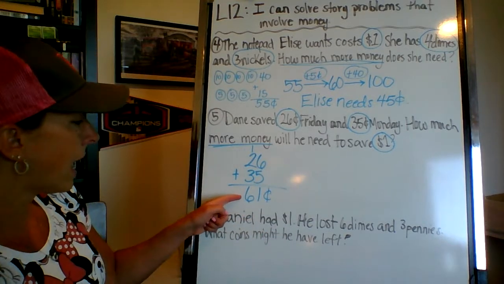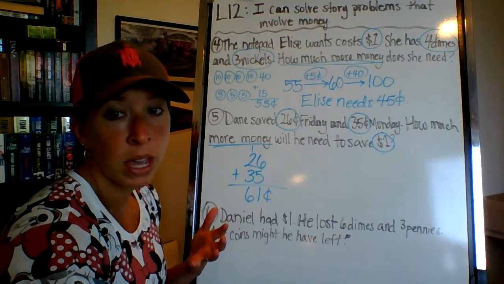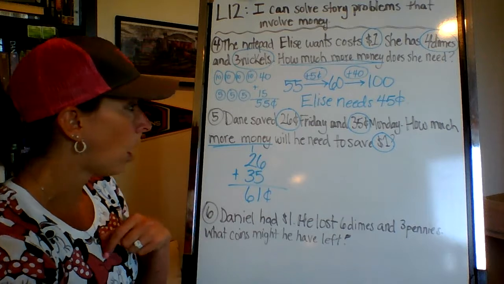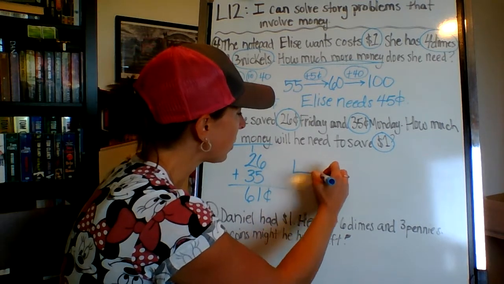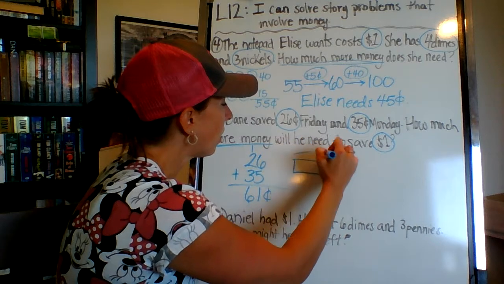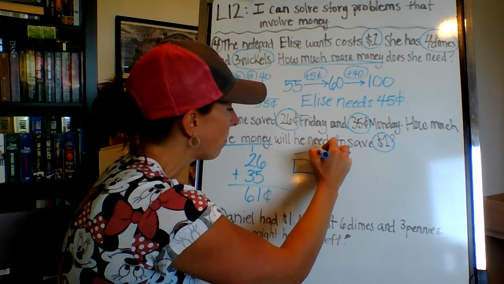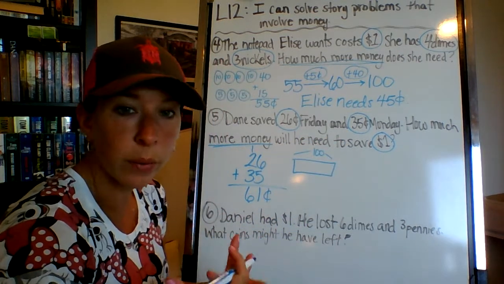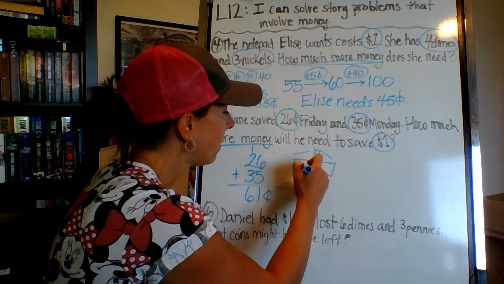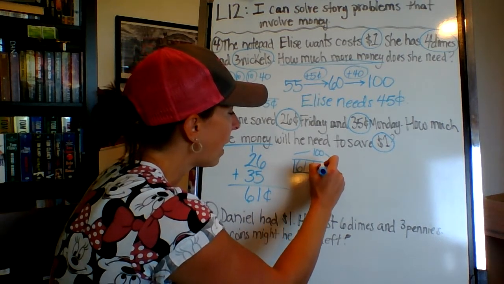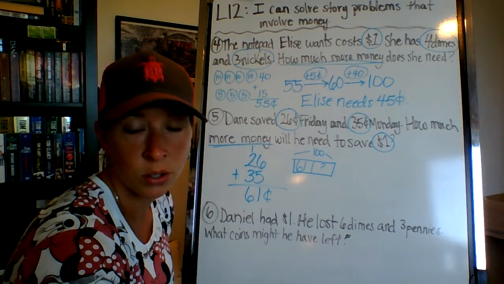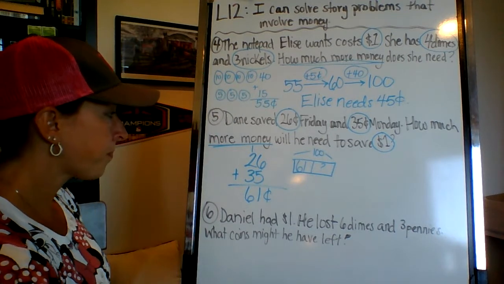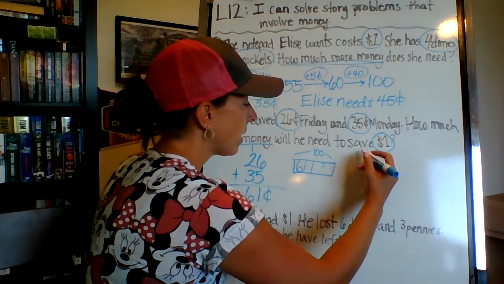So far, Dane has saved 61 cents, but he's trying to get to $1. Okay, let's draw a little tape diagram for this one. So the dollar goes up top. I'm going to change it to 100 because we're working with cents. We know he saved 61 so far, but I don't know what over there is. I don't know how much more he needs. Okay. Should we subtract?